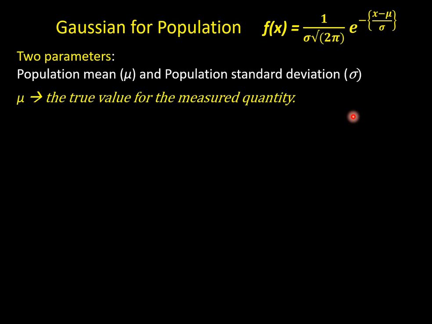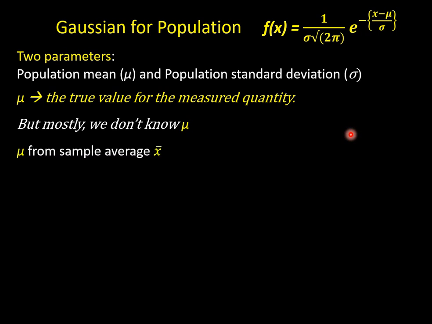Mu is supposed to be the true value for the measured quantity, if it is the population mean, and mostly we don't know that. So we will start with a sample and take its average, and from there we want to get mu, the population average, right?